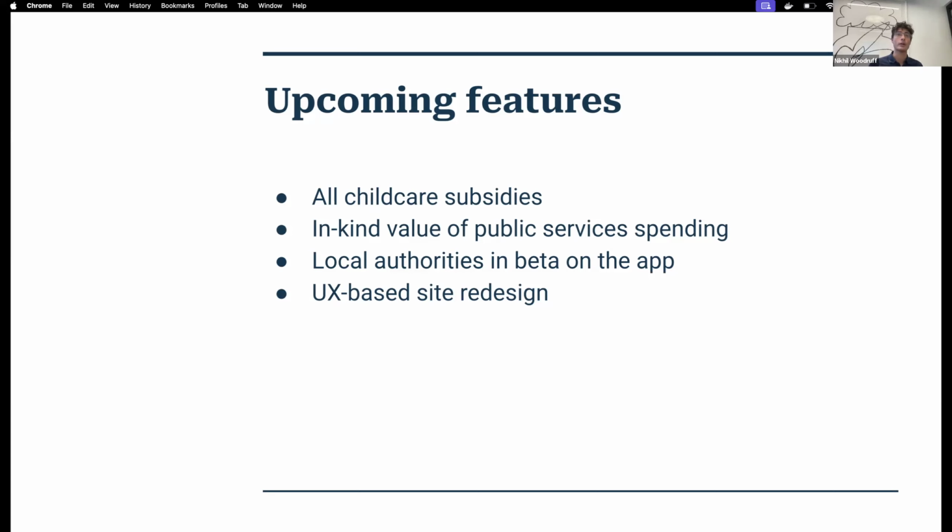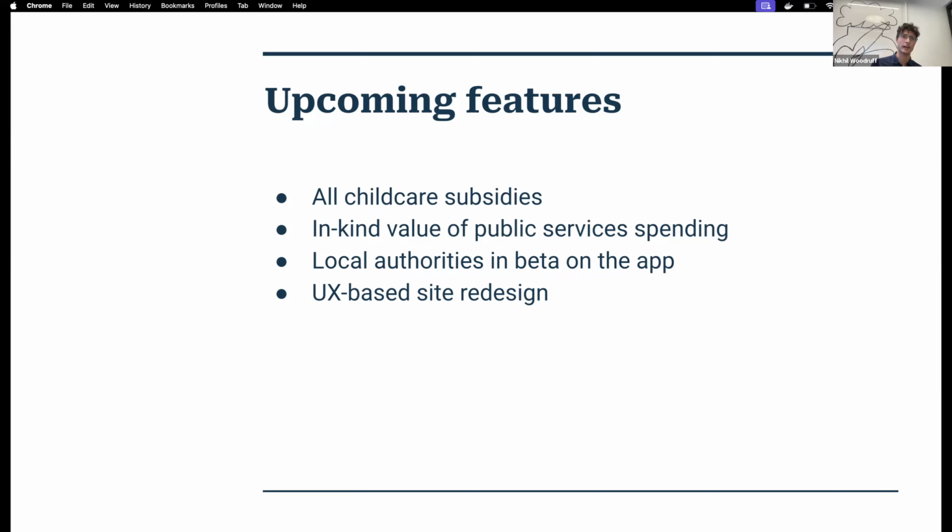We're also going to be working on estimating the in-kind value of public services, using the same approach that the Treasury uses to estimate how budget changes affect the distribution of income. We'll also publish the local authority level outputs in beta on the app.